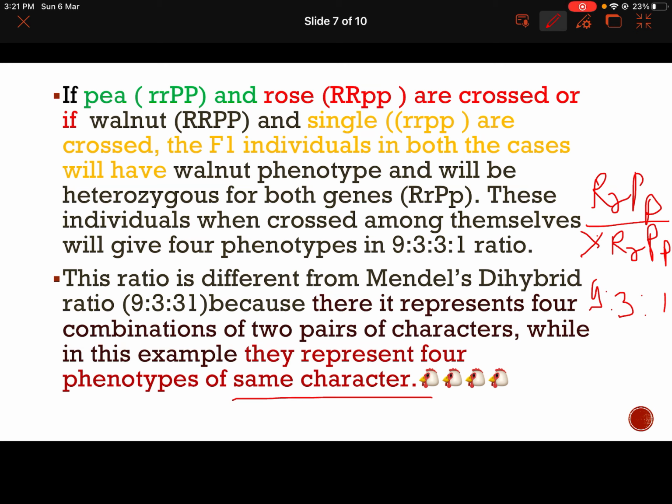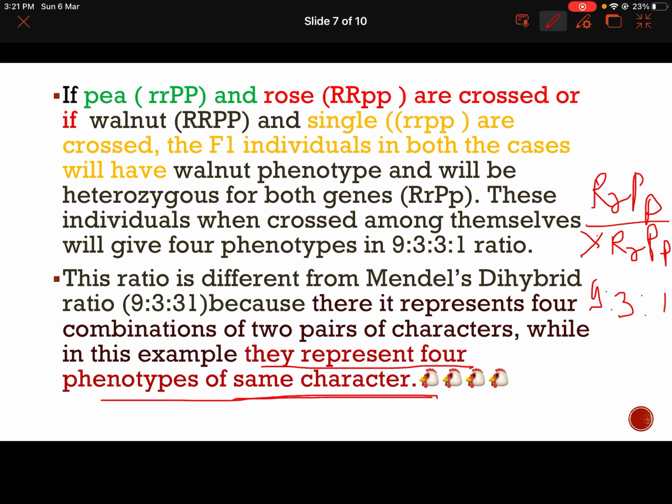It means 4 traits were there, and they were giving new combinations in 9:3:3:1 ratio. But here it's different because it's not combination, it's new phenotypes which we are taking here.